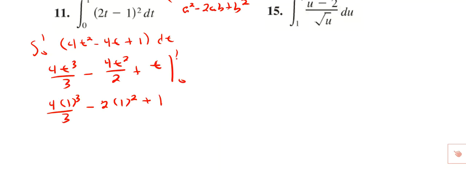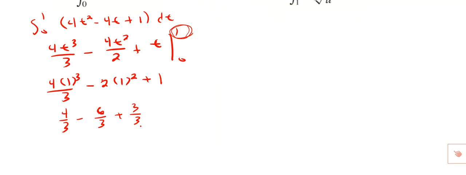So in this one, I'm only concerned with my upper limit. So I have 4 thirds minus 2. Let's go ahead and make that into 6 thirds, plus 1, which we change to 3 thirds to have a common denominator.